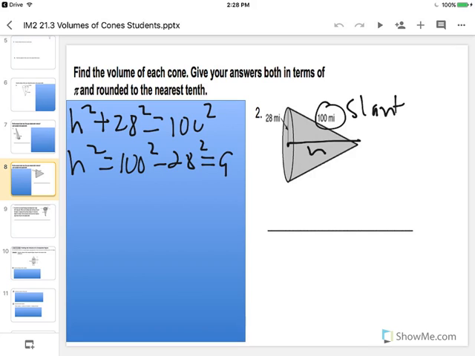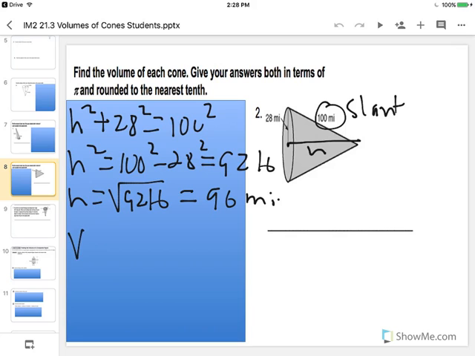This gives us 9,216. So the height equals the square root of 9,216. So that gives exactly 96, and this is in terms of miles. So then your volume is 1/3 pi times 28 squared times 96.